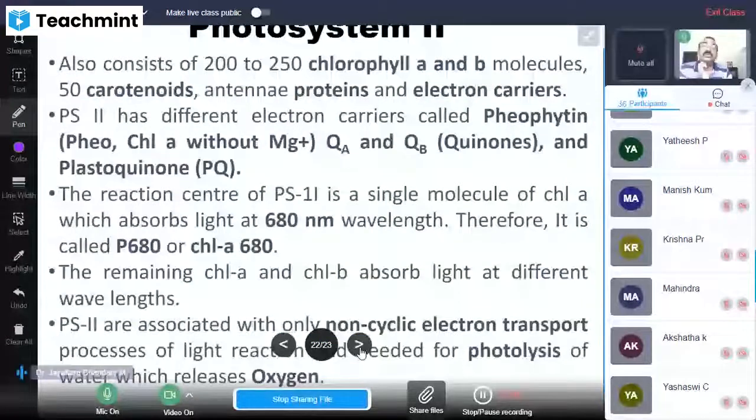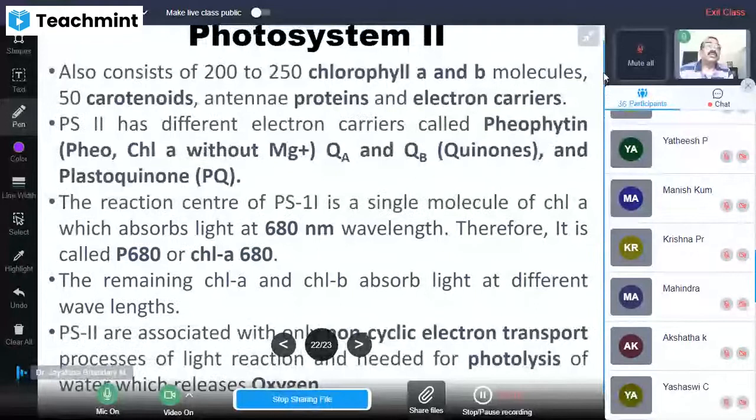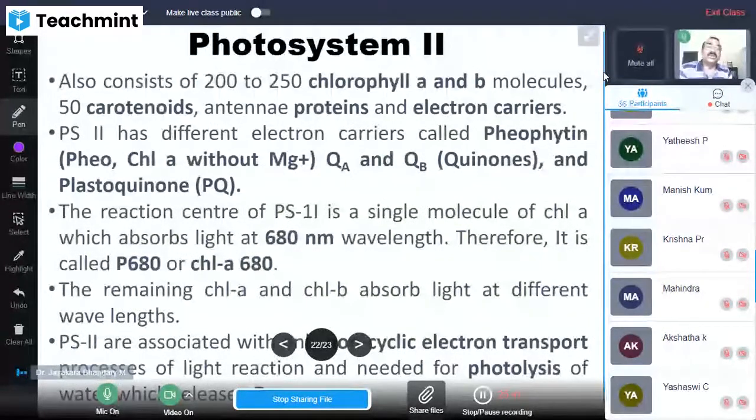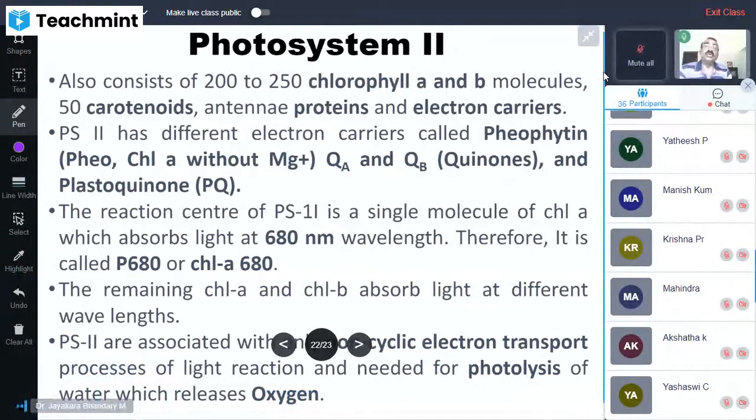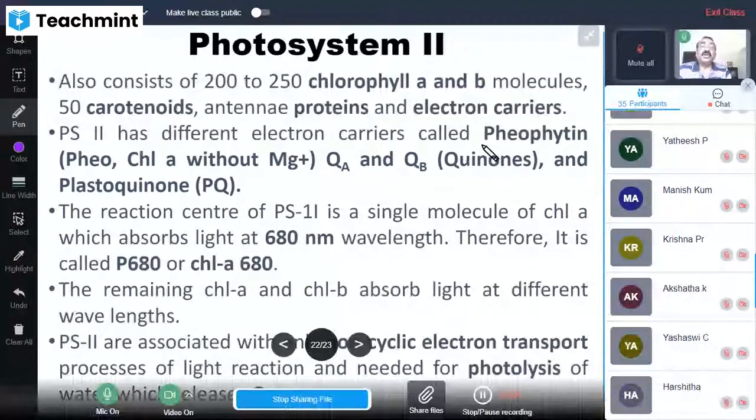Now coming to photosystem 2, the components of photosystem 2 are almost similar to that of photosystem 1. It also consists of about 200 to 250 chlorophyll A and B molecules, carotenoids, then proteins, electron carriers, etc. Then what is the difference between photosystem 1 and 2? The major difference is in the types of electron carriers and the nature of the reaction center. PS2 has different electron carriers called pheophytin.